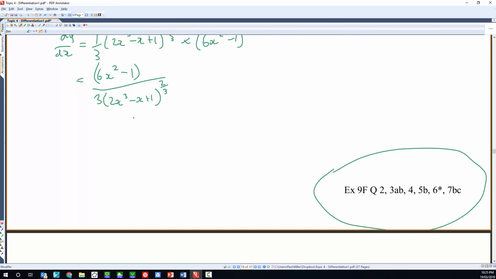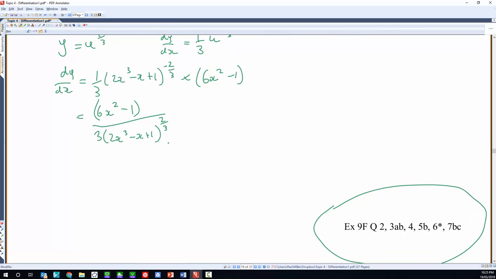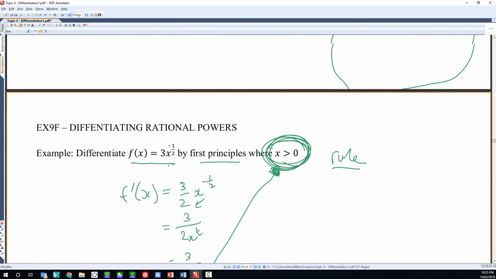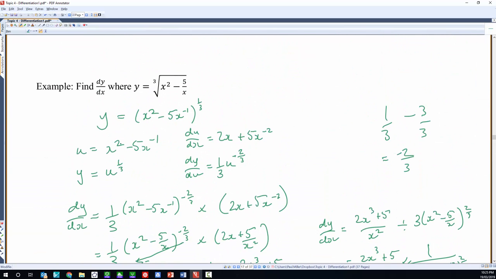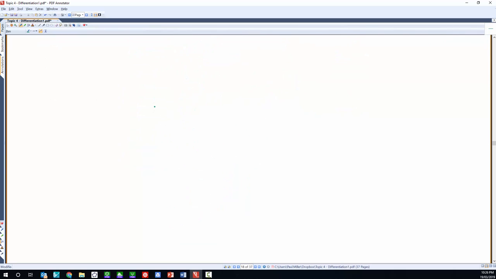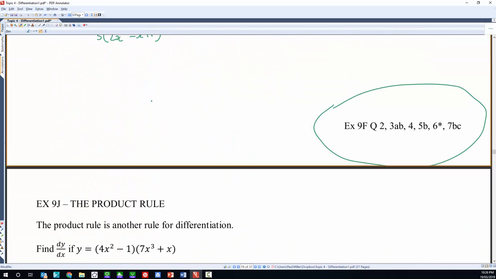I really rushed through that last one. I wasn't too worried about that because it is pretty much similar, if not the same, as a question like this one here, with the fractional powers. So that's your homework, 9E and 9F, I presume, 9F.